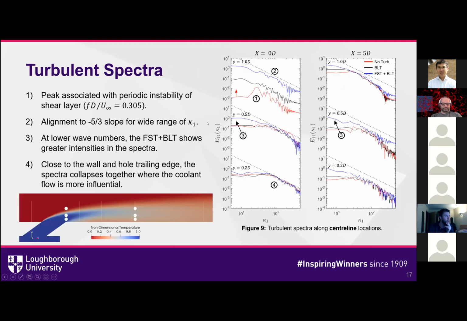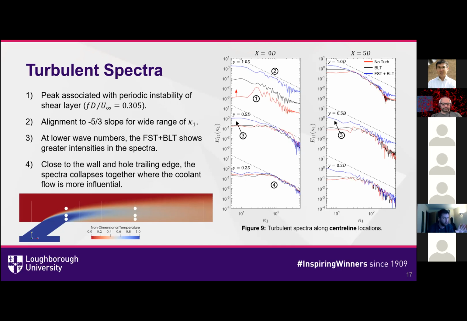And we have a couple of plots to finalize our results of the turbulent spectra. You can see for the no inflow turbulence case at the point labeled position 1, we can see the reflection of the instabilities in the shear layer that we showed earlier. And when we take this into the frequency space, and the Strouhal number is about 0.305, it has a big effect on the flow.